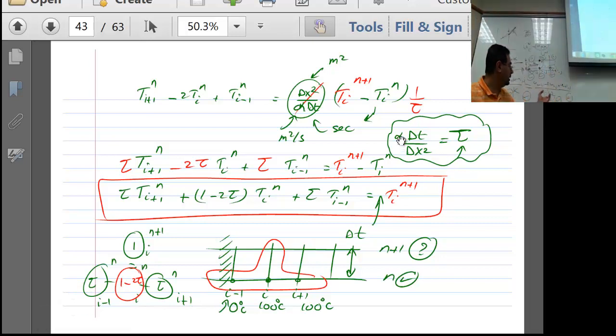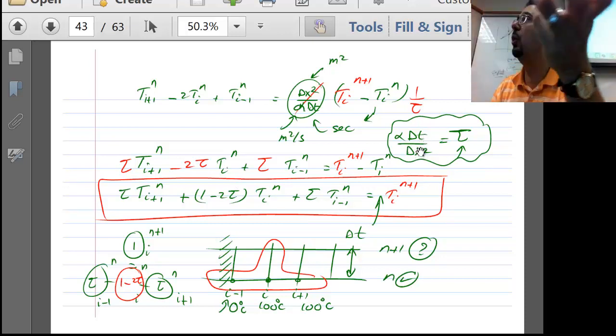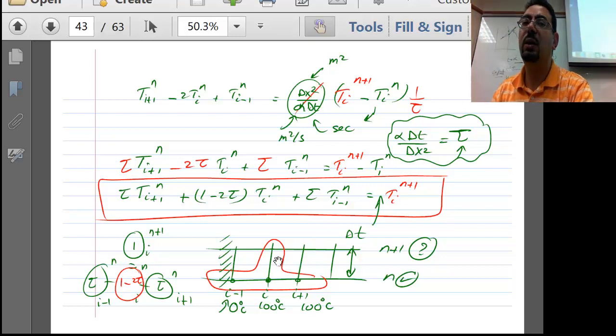As you can see over here, it will end up being k over h squared. Right? If you put them together, it will be k over h squared, or delta t over delta x squared. Okay? So this is the formula after renaming tau as delta t over delta x squared, or k over h squared. Right?